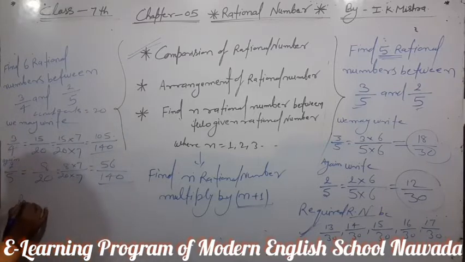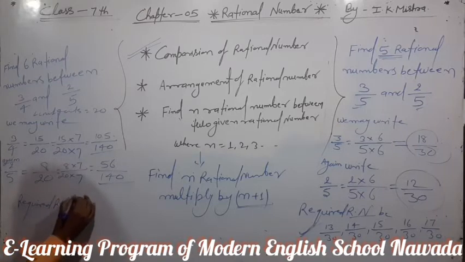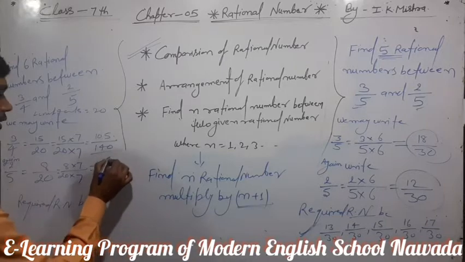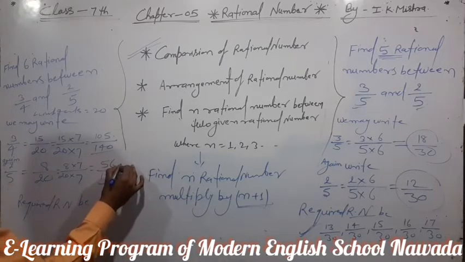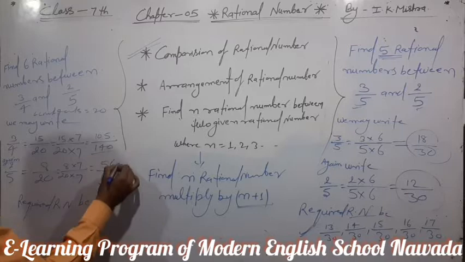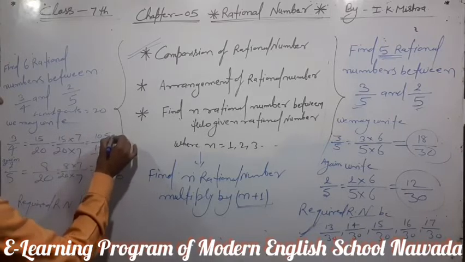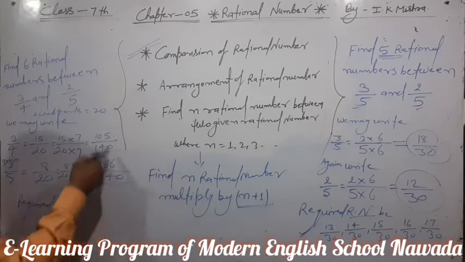Suppose the required rational number is B. You write any rational numbers whose numerator is more than 56 and less than 105, and the denominator is 140.